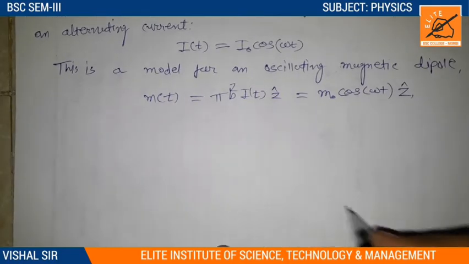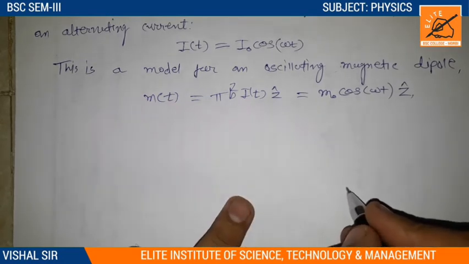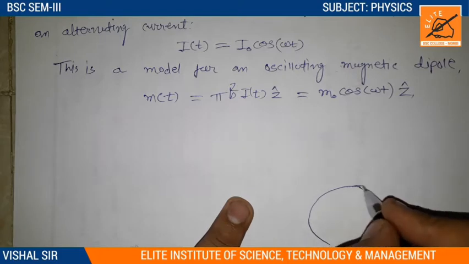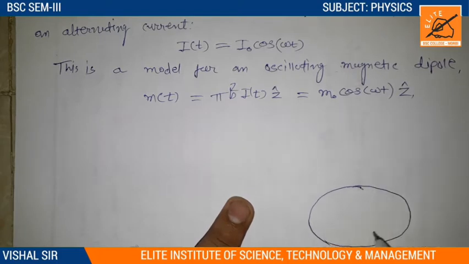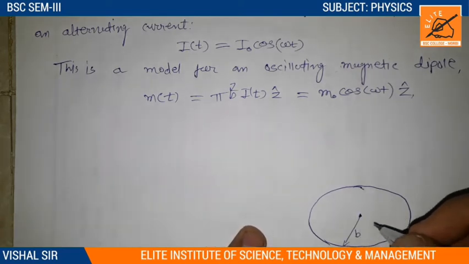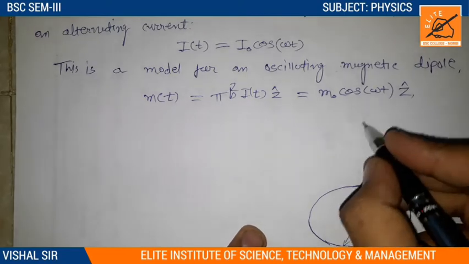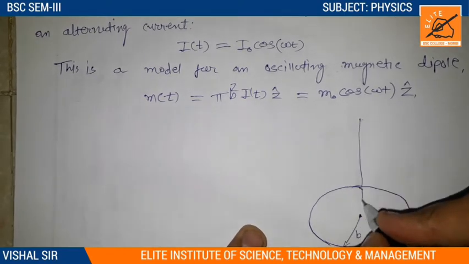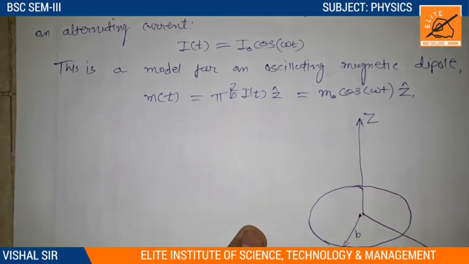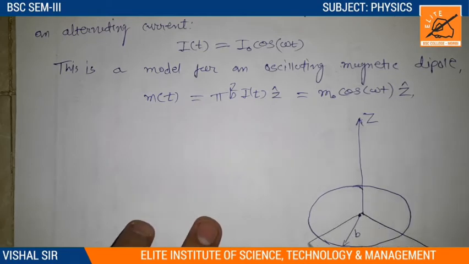Now we will draw the figure for this case. There is a circle of radius b. This one is the z direction, this one is the y direction, and this one is the x direction.